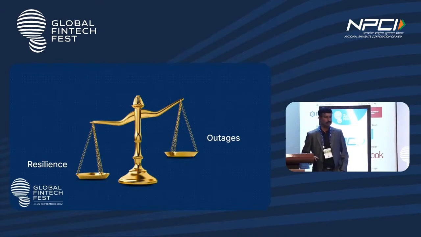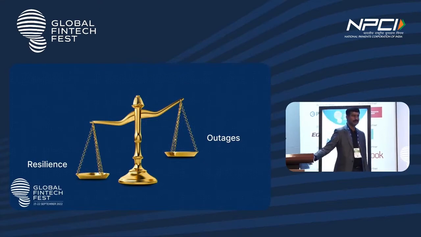How many outages are you seeing in a business service? Generally, when something happens, people are not going to say that the service is not resilient. People are going to say that there's an outage, so things are not available. That's primarily how your business service is talked about.